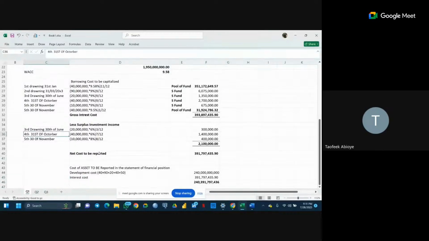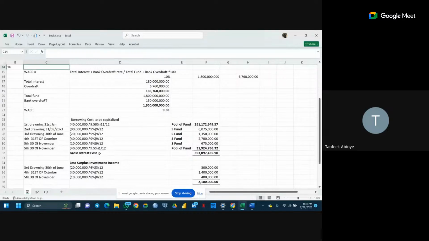It's just a combination of the two, whereby a single company borrows from a specific fund and also borrows from a pool of funds. For that specific fund, we make use of the direct agreed interest rate, while for the pool of funds, we make use of our weighted average cost of capital, which is this one that we calculated here.